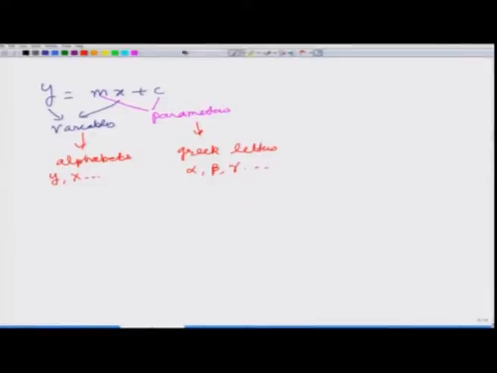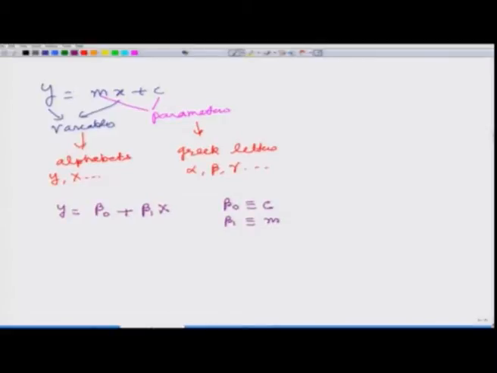So now if I translate this model y is equal to mx plus c into the language of statistics, I can write my variable as y, the intercept term c as beta 0, and m as beta 1, and x. So beta 0 has the same role as c, and beta 1 has the same role as m, and x and y remain the same.